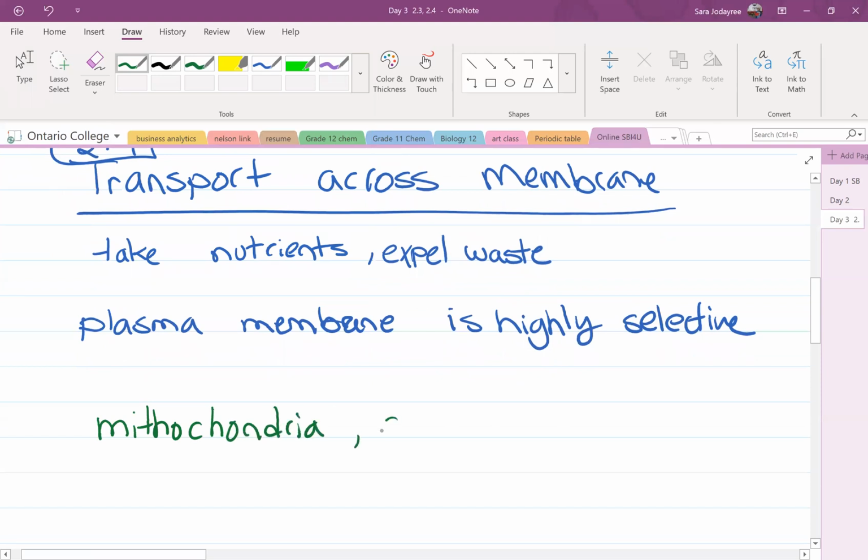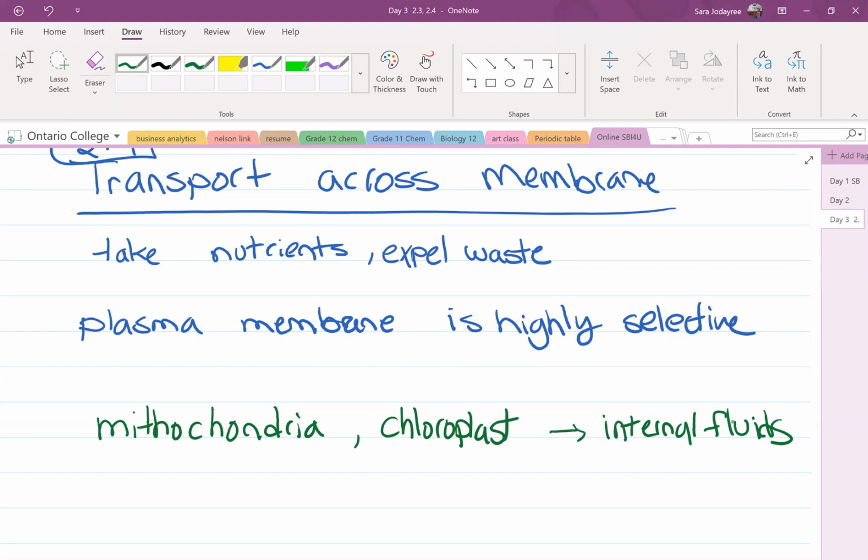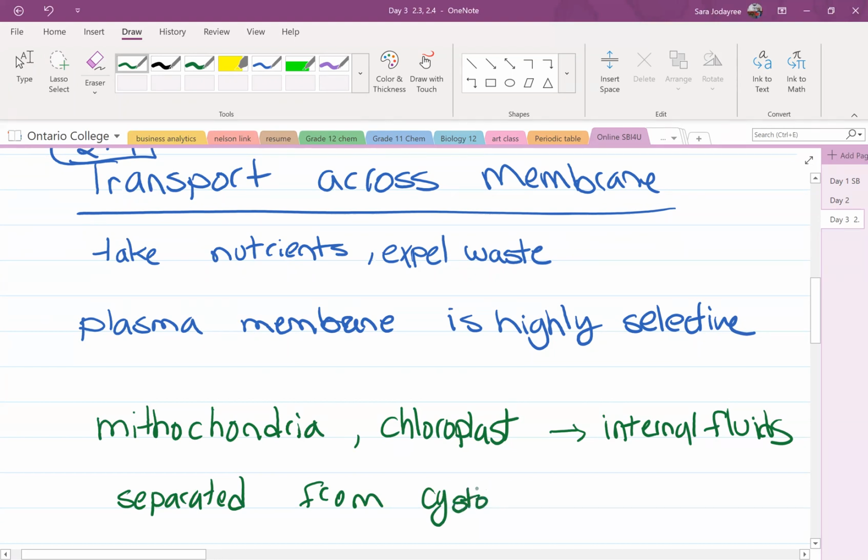Mitochondria and chloroplast: reactions take place in the internal fluids, and the chemical reactions are separated from the cytosol by 2 or 3 membrane layers.